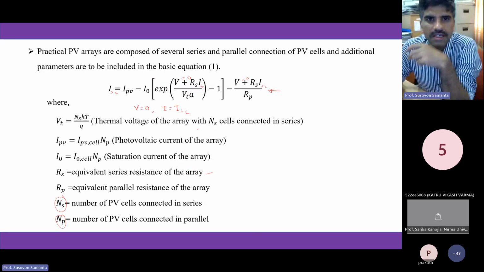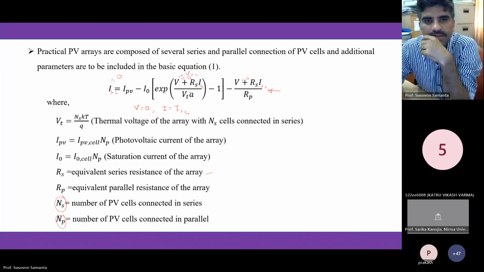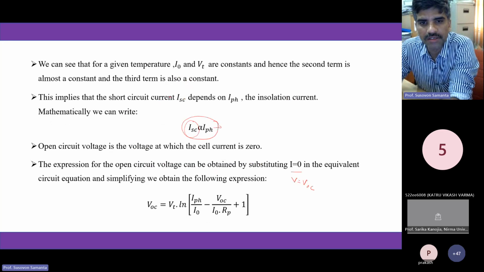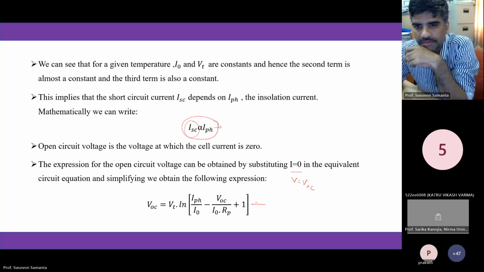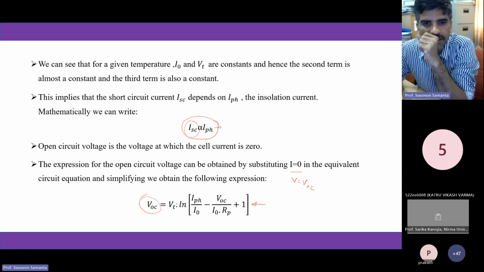In this expression, we put I equal to 0 and V equal to VOC in all the places where there is an I and a V, then we'll get this expression. You can understand from this expression that VOC is proportional to the thermal voltage, which depends on the temperature, and it varies logarithmically with IPH.